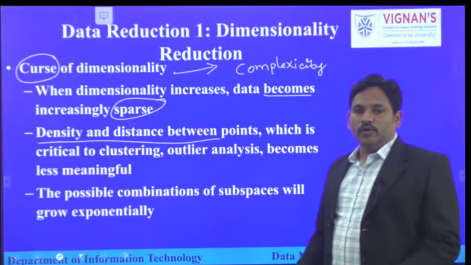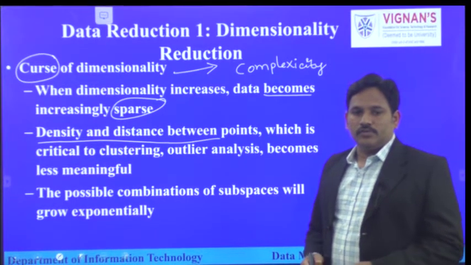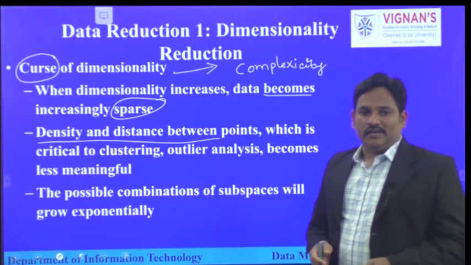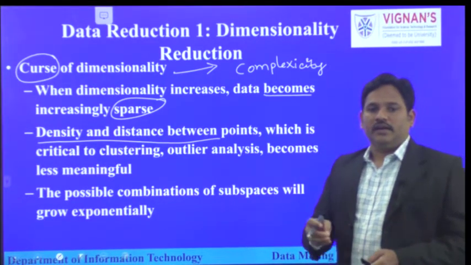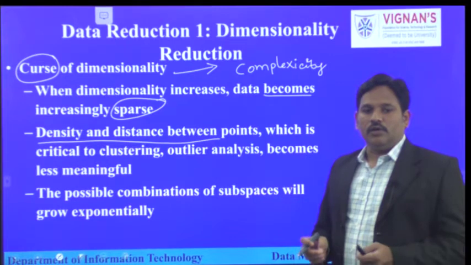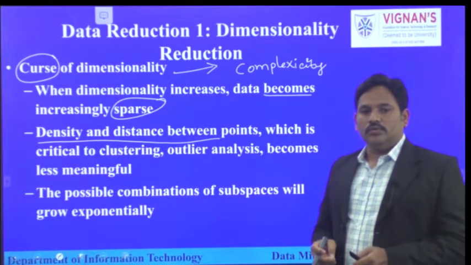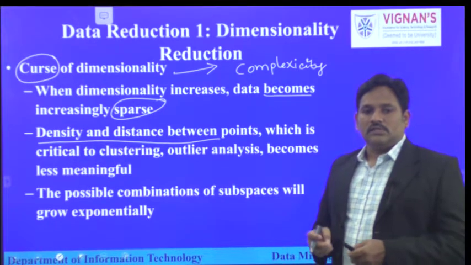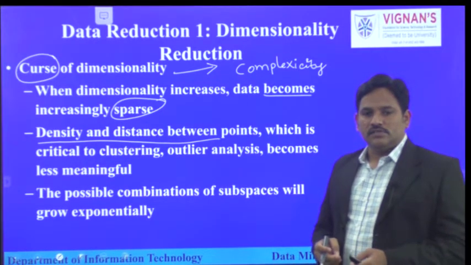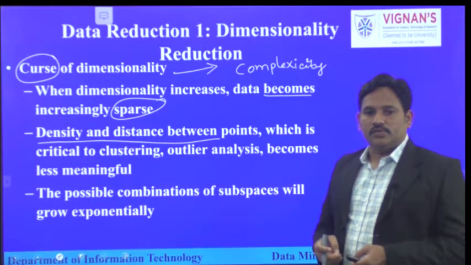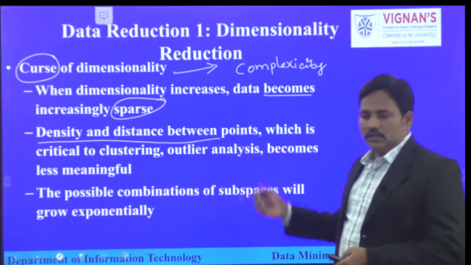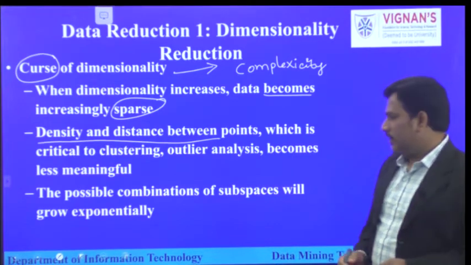So when we want to remove unimportant attributes, we can't do it randomly. We can't pick an attribute randomly and delete it. Here we have to compare the distance between each and every attribute by applying some standard similarity measuring techniques. Based on the results of those techniques, we can make a decision called dimensionality reduction.